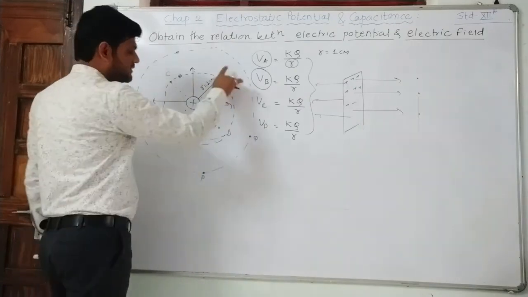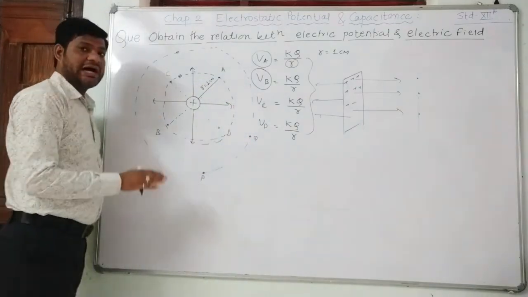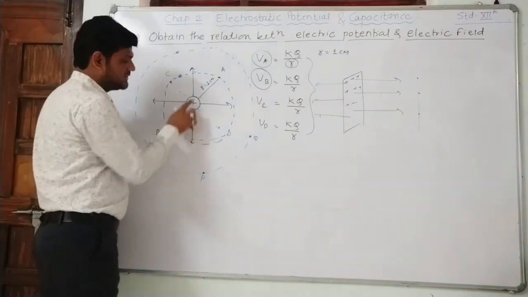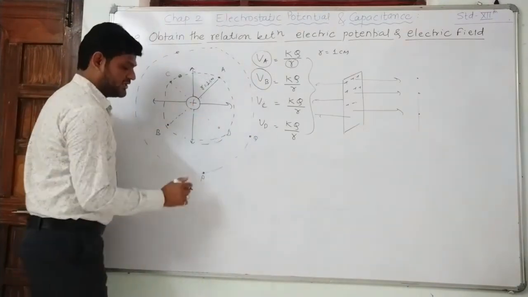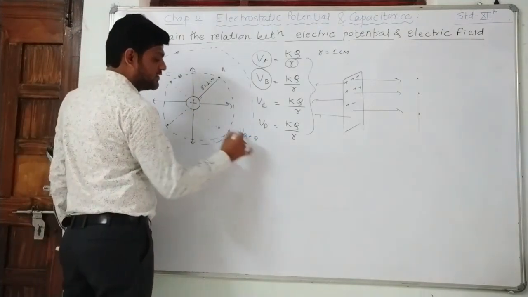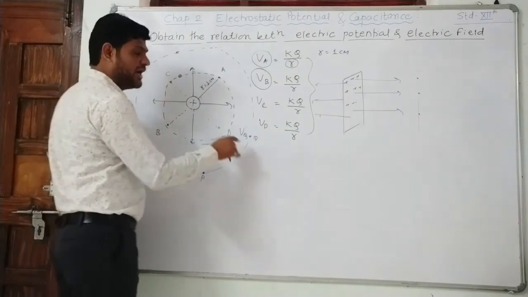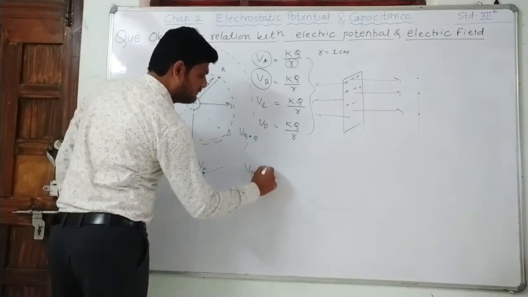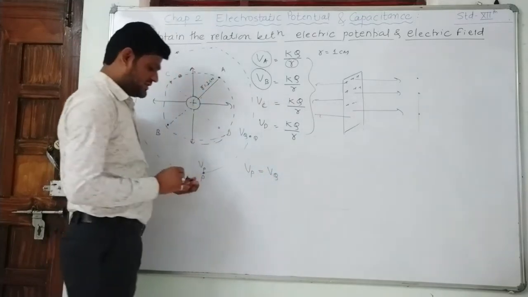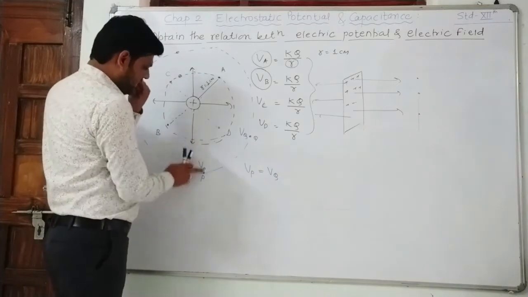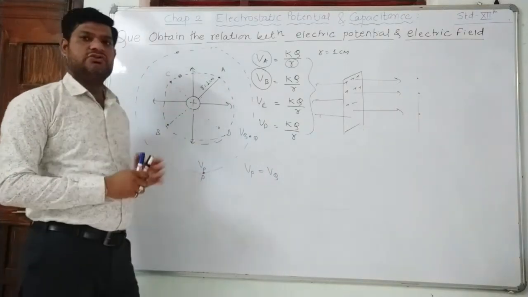As we know, the P point and Q point are on the equipotential surface, meaning they are at the same distance from the source charge. Hence the potential of P point is Vp, the potential of Q point is Vq. Vp and Vq are the same. The potential of P point equals the potential of Q point because they are on the equipotential surface, or you can also see that they are at the same distance from the source charge.